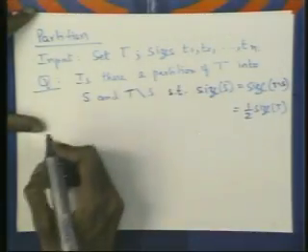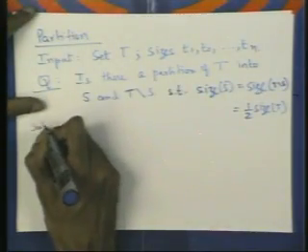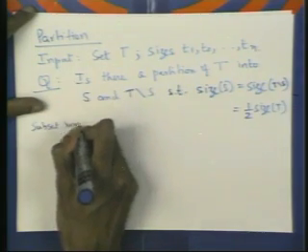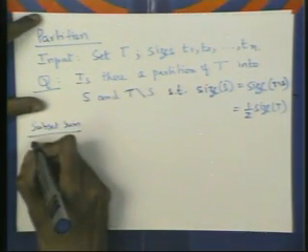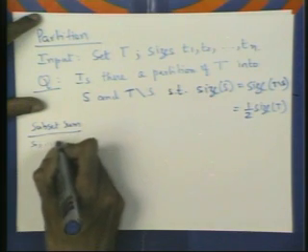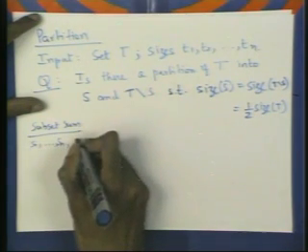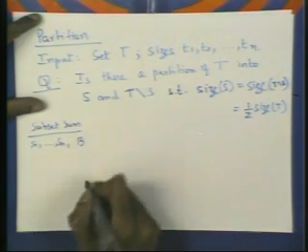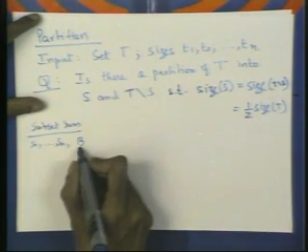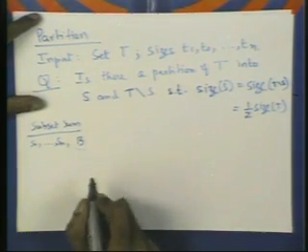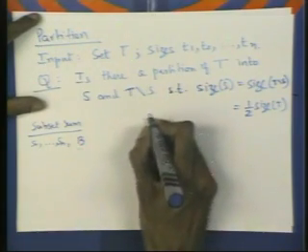There is an algorithm for partition. For subset sum, the input are some sizes S1 through Sn, and I have B, and I want to know if there is a subset of size B.